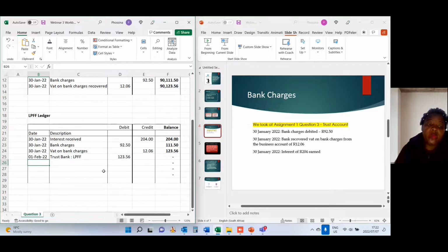And when we are working out this ledger, one thing that you should note is that this only applies to the trust account. So what we should try to avoid is to create an LPFF ledger for the trust and the investment, and combine everything together.